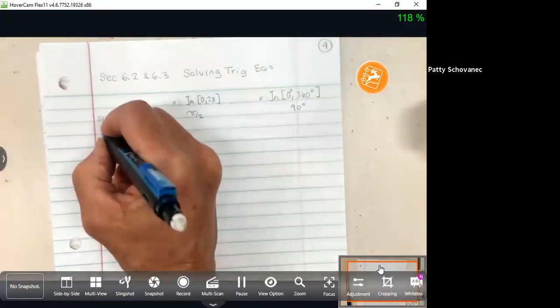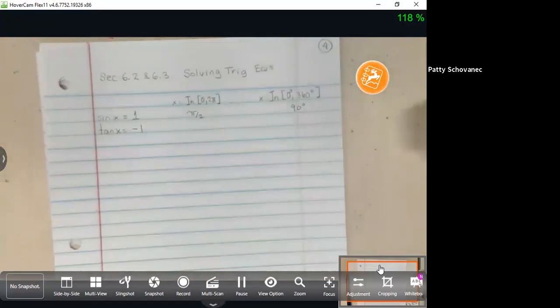Now give me all angles in which the tangent of x is equal to -1. In radians first. Tangent is negative in quadrants 2 and 4. If tangent's going to be 1, then the sine and cosine are the same, and that occurs at pi over 4.